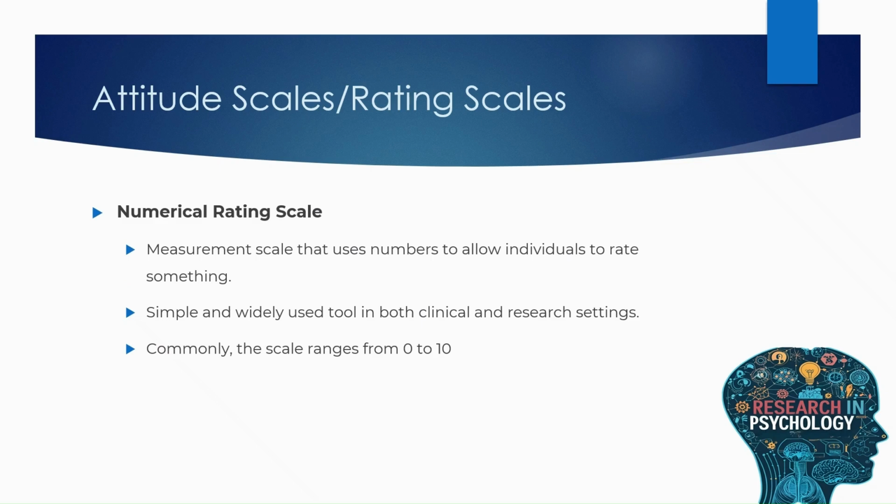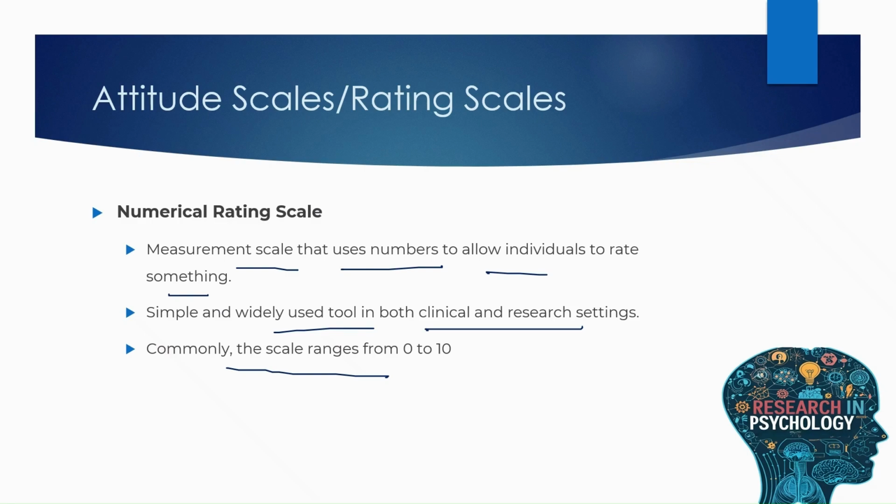So here it's a measurement scale that uses numbers to allow participants to rate something, right? And commonly the scale ranges from 0 to 10. So you have to rate something from 0 to 10. This is a simple and widely used tool in both clinical and research settings, right? So the researcher can create a rating scale where you will be giving certain criteria and asking the participants to rate it on a scale of 1 to 10, right?